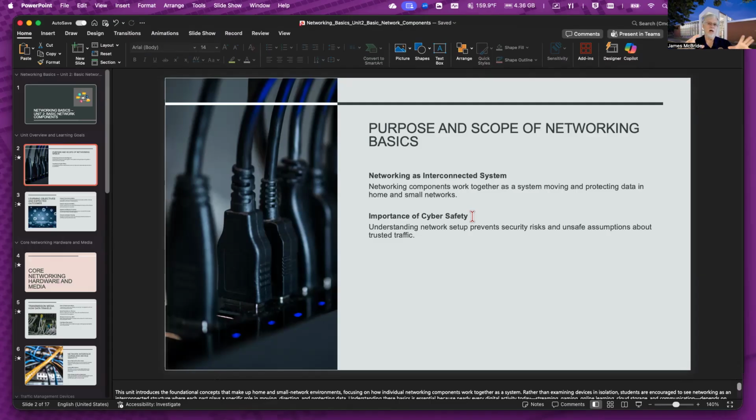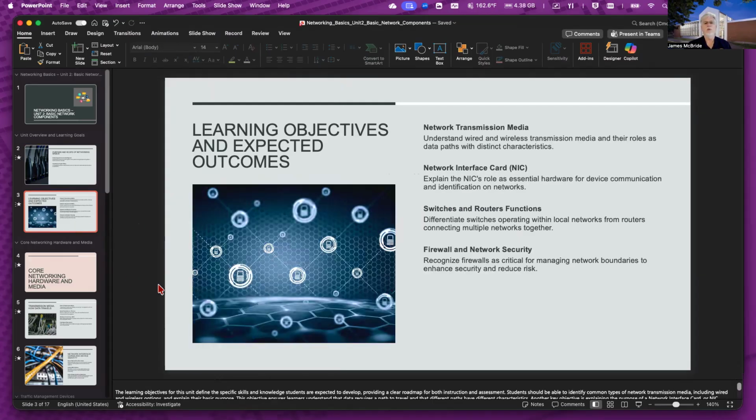So yeah, internetworking of networks. These devices are found across anything. Of course, part of cyber safety is that some of this you do need to set up throughout your life, and understanding the basic components really helps you understand why you need to do that.